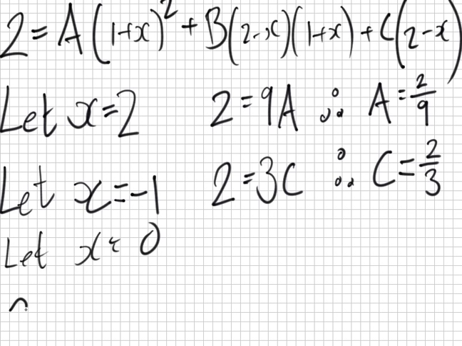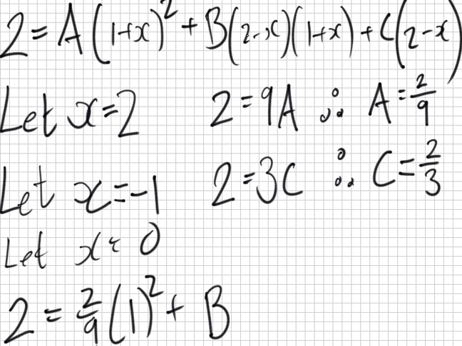So we get 2 equals a times 1 squared, plus b, which we don't know. And then this will be 2 times 1, so that's a 2. And that's squared, so let me just get rid of that. And then plus c, and then 2 minus 0 is 2.